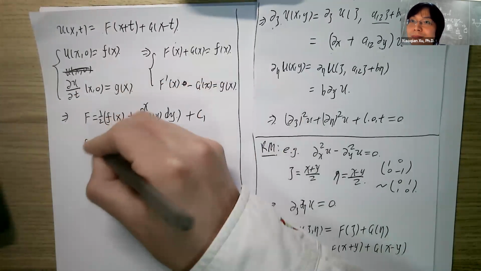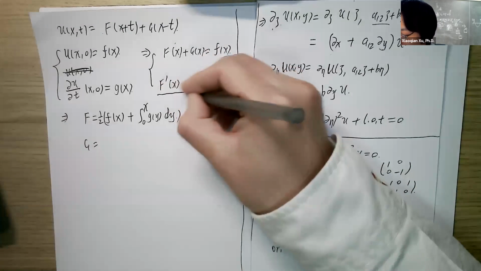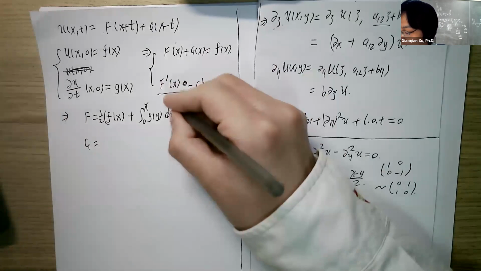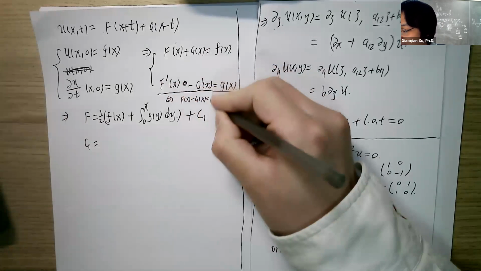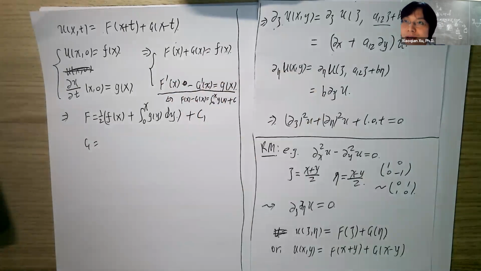Question: wait, how did we get that? The constant should be a function of t, or a function of x, right? You see, we find the antiderivative of both sides. So that means you have f(x) minus g(x) equals this one plus some pure constant.